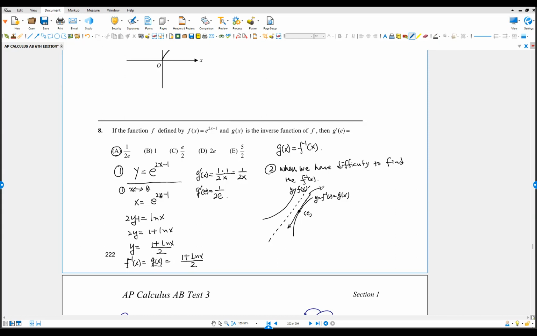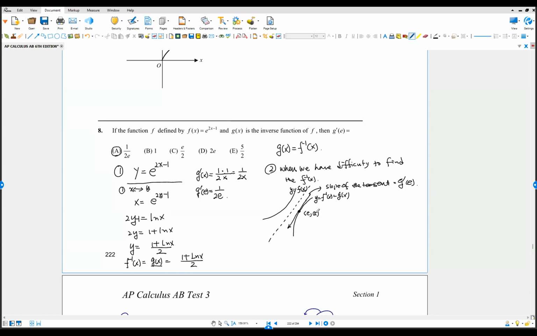Slope of this tangent, the slope of the tangent, that is what g prime e at x equals e. Now take this one, I'm going to use some value of a.